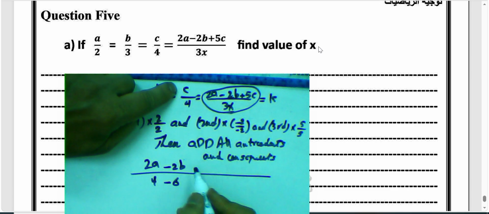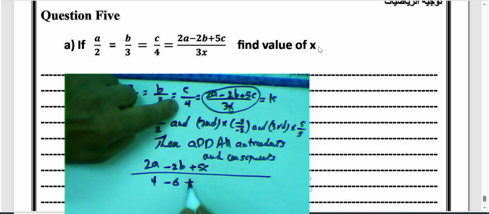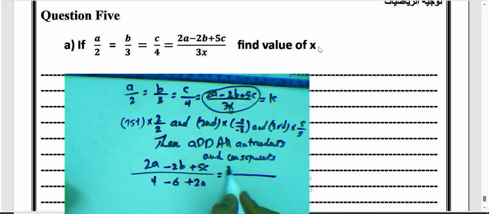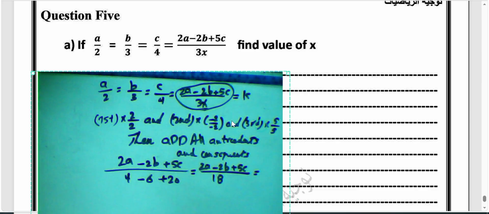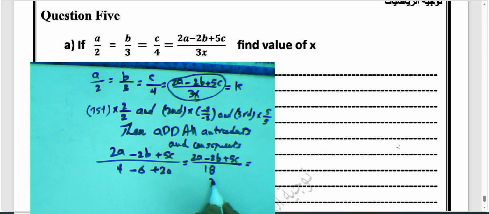And the third, multiply by 5, right? 5c, and here 20. The result will be 2a minus 2b plus 5c over 4 minus 6 plus 20, which will be 18. Equal to one of the ratios.